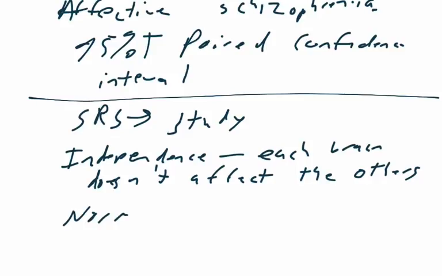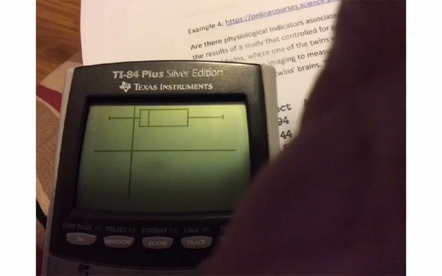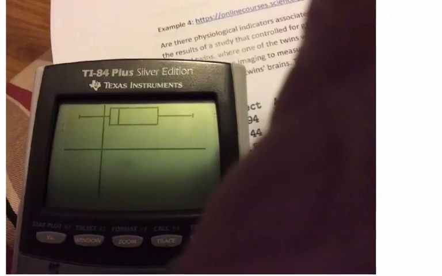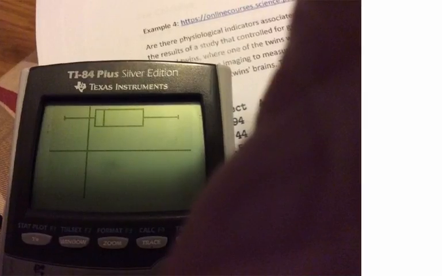And normality. So what I did was I put the first column in L1 and the second column in L2, and L3 equaled L1 minus L2. And so when I got the picture, it looked like the next slide, which is once again approximately normal.